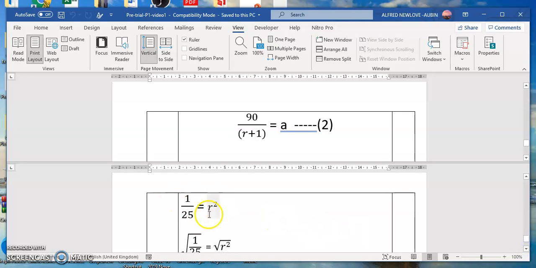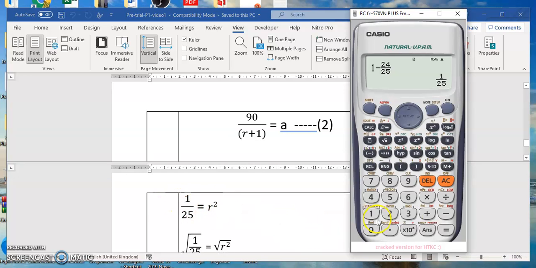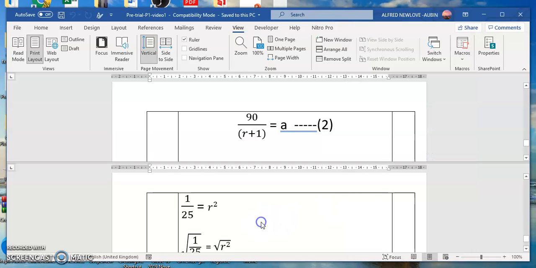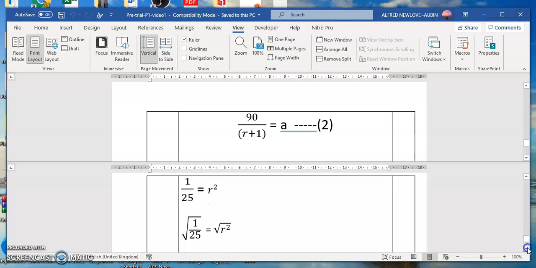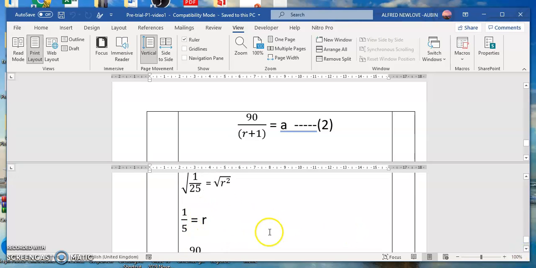So you have your r squared is equal to 1 over 25. Then the last thing we are going to do is take the square root. So the square root of 1 over 25 is going to give us 1 over 5. So our r is 1 over 5.